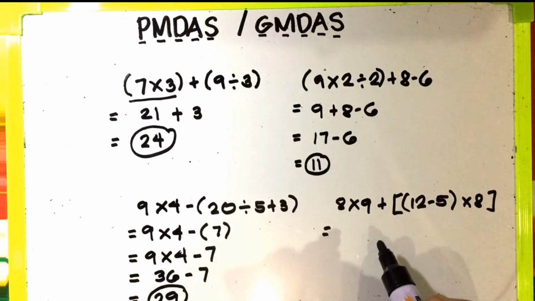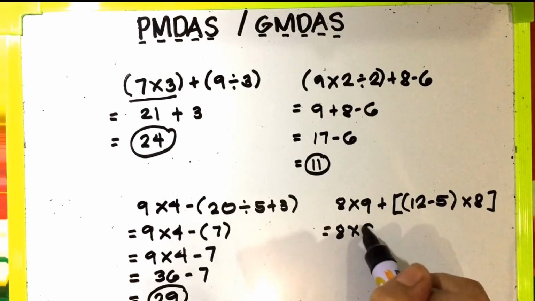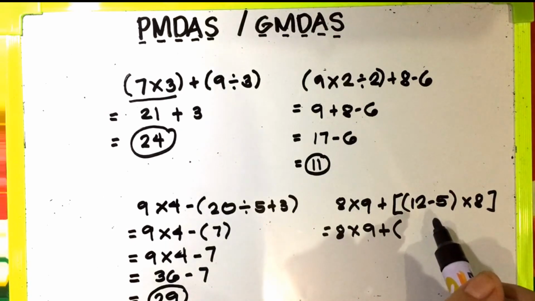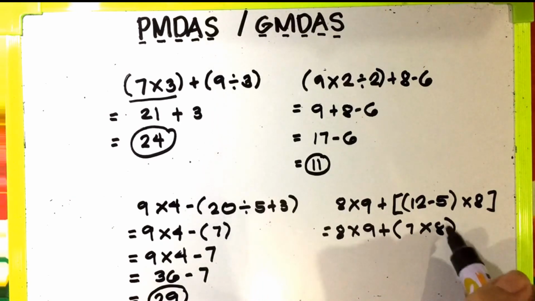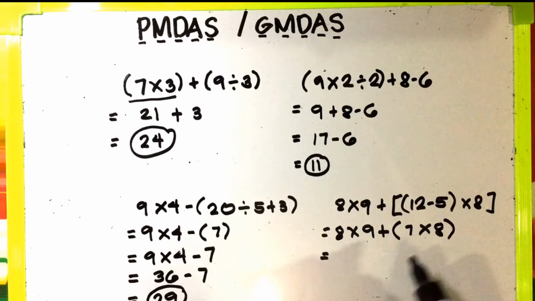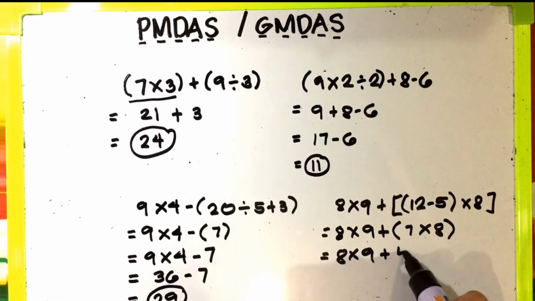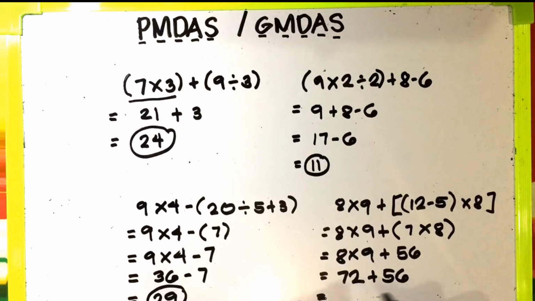So we have 12 minus 5 is 7, times 8. So, we have 8 times 9 plus 56. Left to right, 8 times 9 is 72, plus 56. We have 128.